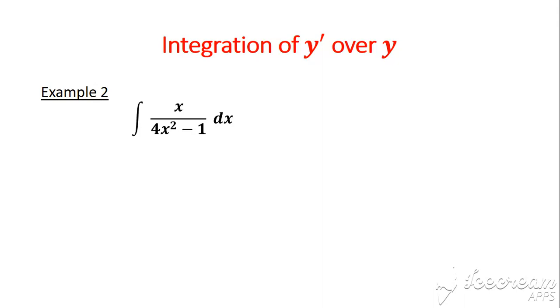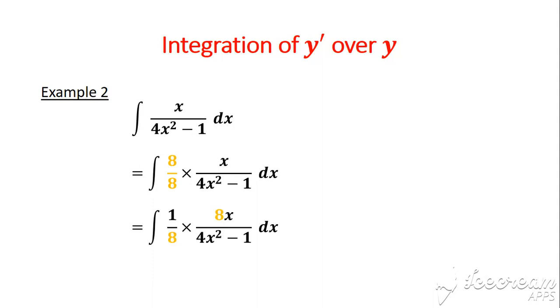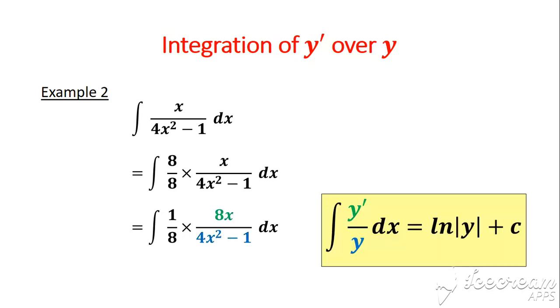So here's a little trick we're going to do. We're going to multiply everything by 8 over 8. Multiplying by 8 over 8 doesn't change the question because 8 over 8 is just 1. But we can take the 8 on the top and multiply it by the x and leave the 1/8 out the front. So now we do have an 8x on the top, and 8x is the derivative of 4x squared. So we now have y dash over y.